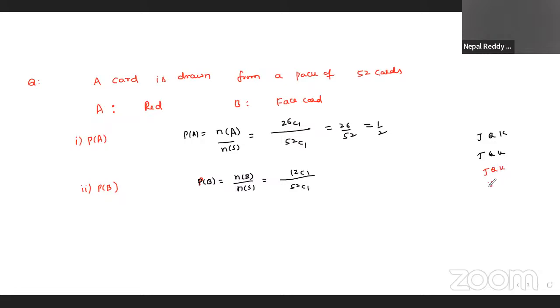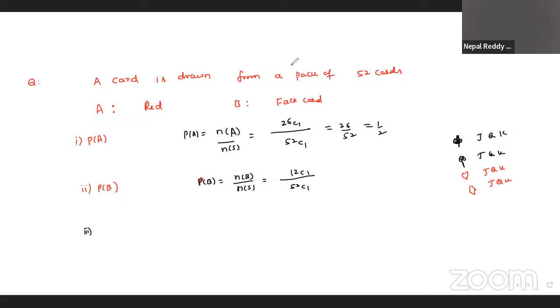Red color, J, Q, K for heart and diamond, similarly black. Right? Total 12C1.